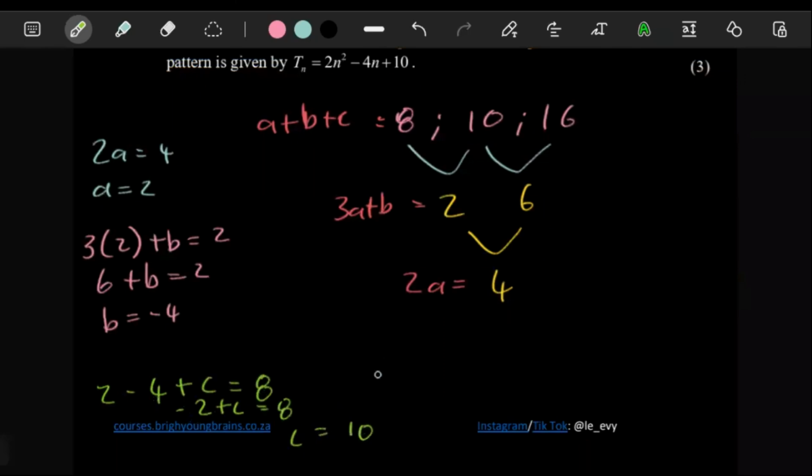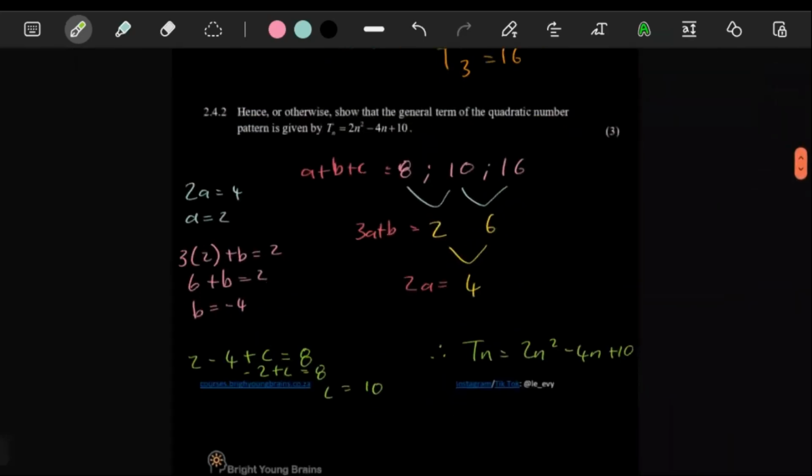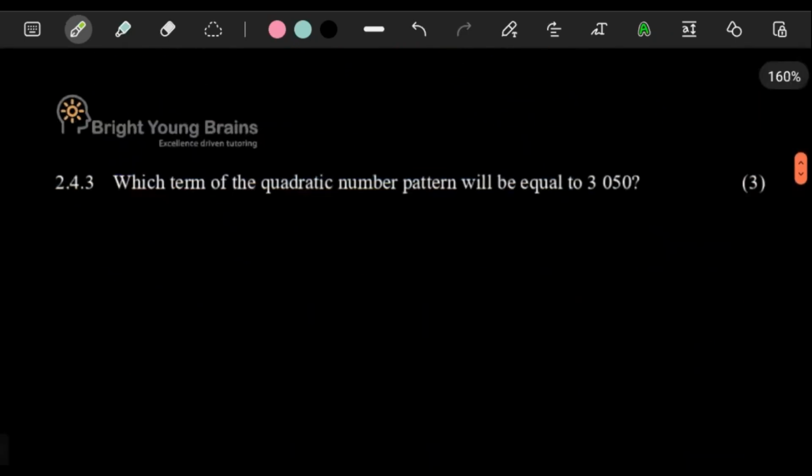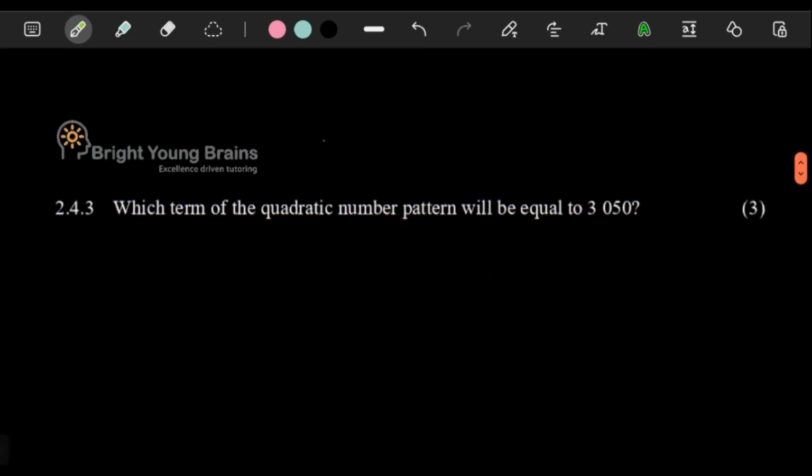So all this is promising, because you see negative 4, positive 2, positive 2, and then positive 10. So here we can then say, therefore, Tn is equal to 2n squared minus 4n plus 10. And then you get your 3 marks. Then you move on. 4.3 here says, which term in the quadratic number pattern is equal to 3050?